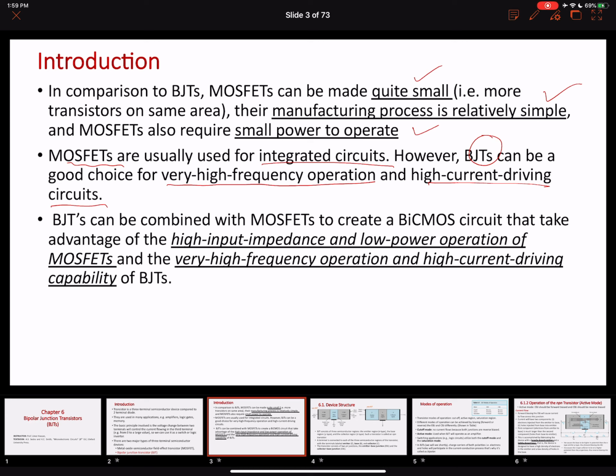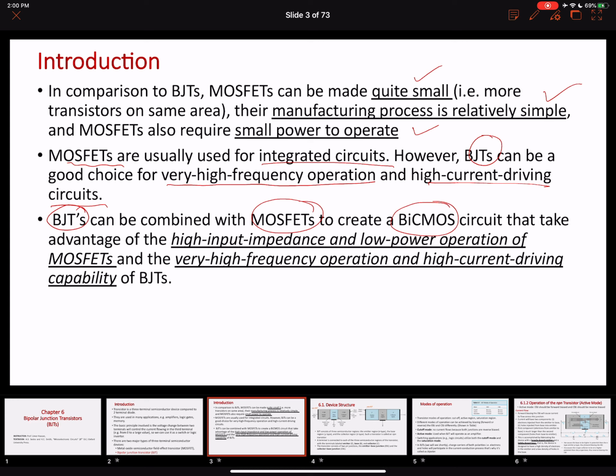Interestingly, we are not going to discuss this in detail in this course, but just to give you an idea, we can also develop something called a BiCMOS circuit, in which we combine the bipolar junction transistor and the MOSFET in the same circuit. The advantage of such BiCMOS circuits is that they combine the advantages of both of these devices. For example, for the MOSFET, a very high input impedance and low power operation.